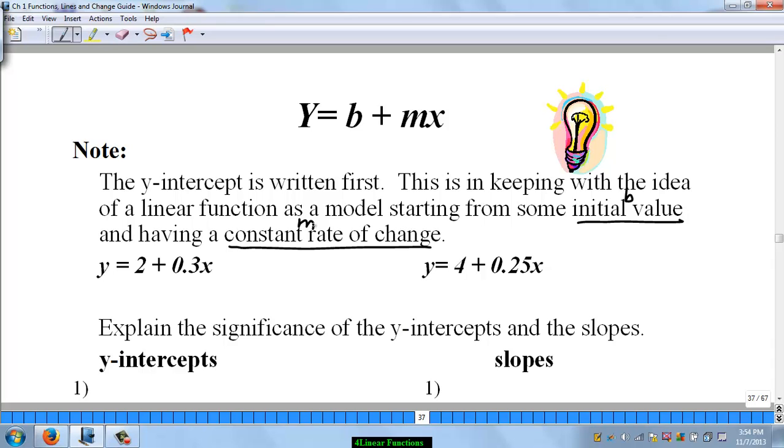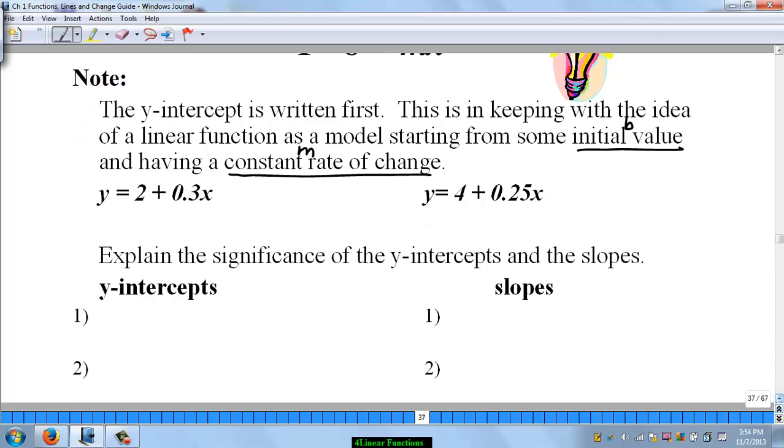So if we were to look at these two formulas I have here, it says explain the significance of the y-intercepts and the slopes. Well, the y-intercept of this linear function is 2. The y-intercept of this linear function is 4. And the slope of this one is 0.3 for number 1, and the slope for this other one is 0.25.